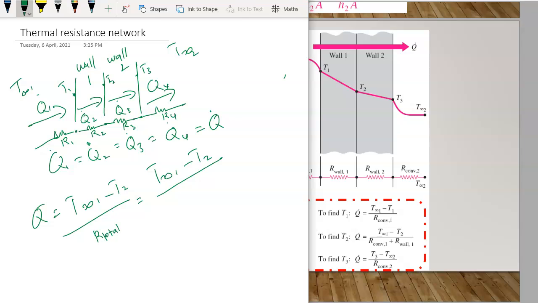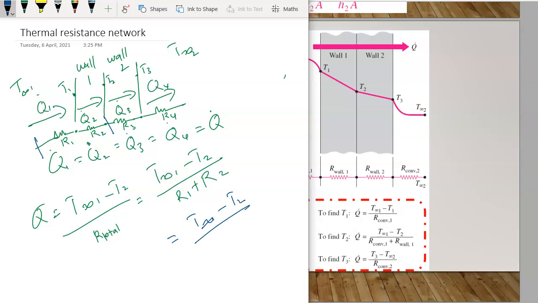So the total is R1 plus R2, because you are using up to this, from here up to there. So I'm using this one, which is equal to T infinity 1 minus T2 over R total.